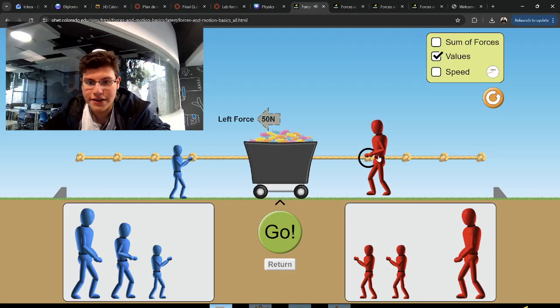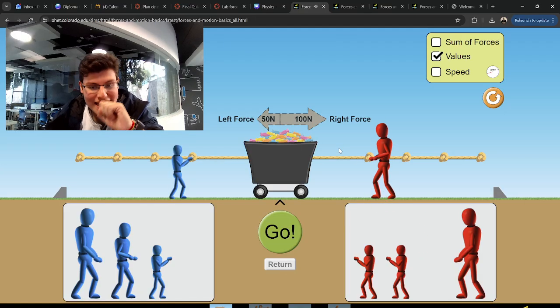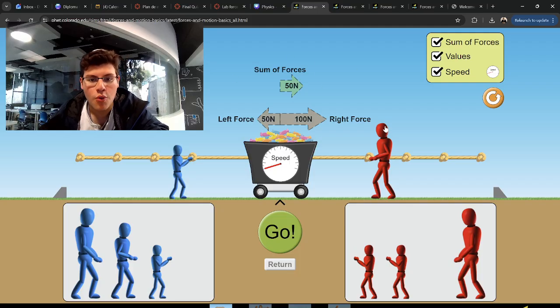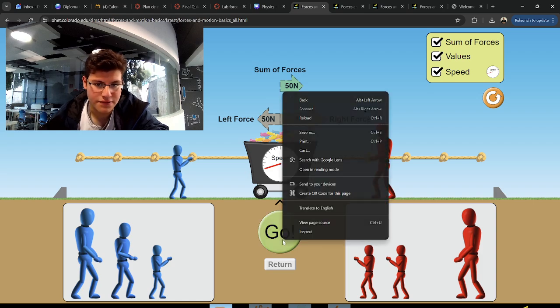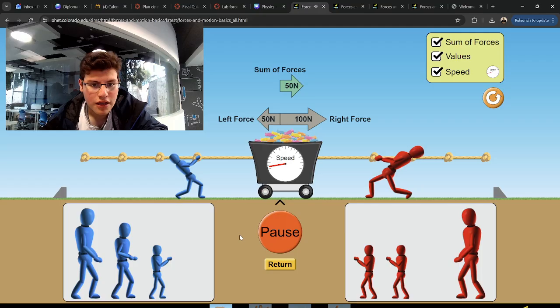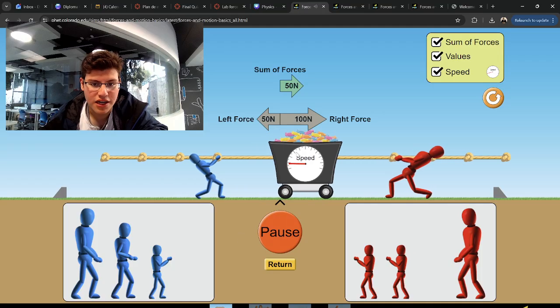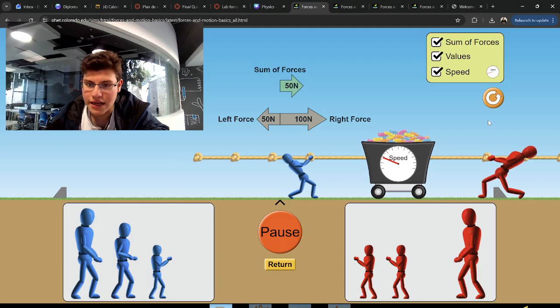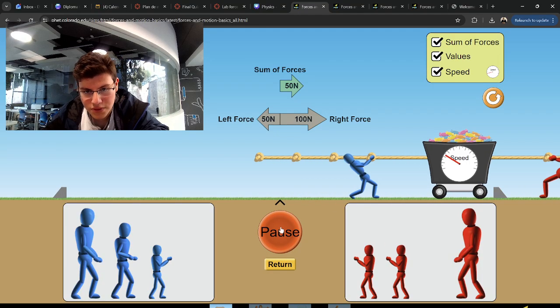We can also see the sum of forces displayed right here as 50 newtons, because we have to subtract the value of the left from the one on the right. And you can see how it's beginning to speed up, how it's beginning to accelerate a little bit. And there we go.